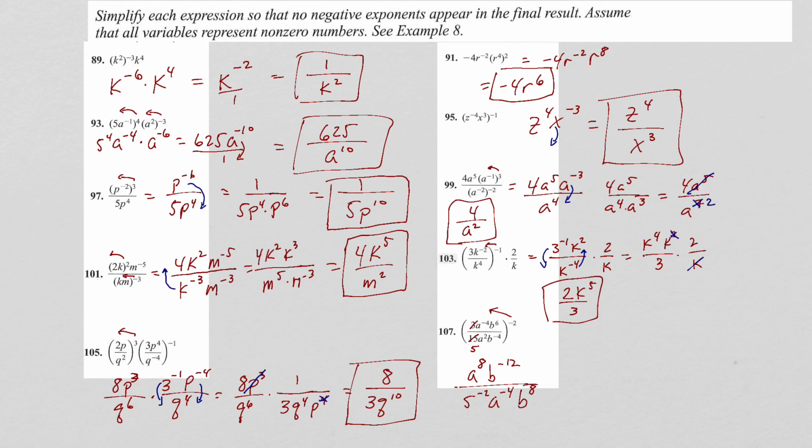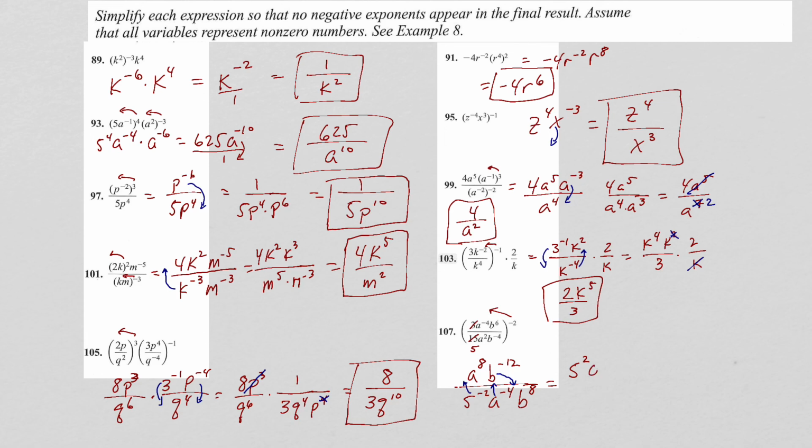Now, this b is moving down, this a is moving up, and this 5 to the second is moving up. So I'm going to have 5 to the second, which is going to become 25.